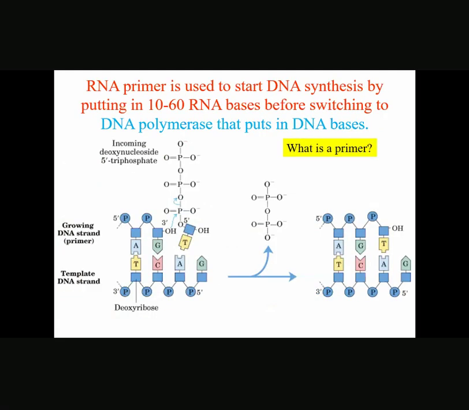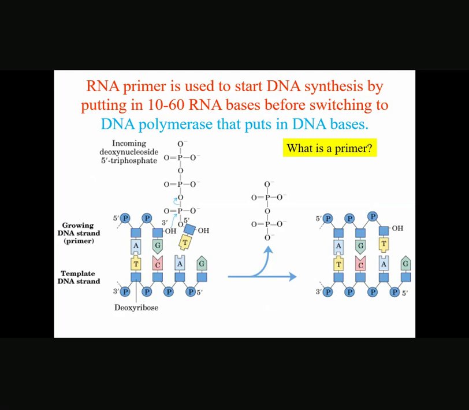So at the beginning of each molecule, we have what's called a primer. Again, why do we need to know this? Because each one of these is a potential target for cancer therapy. So a primer is how we start DNA replication. One of the really oddball things about DNA replication, we can't start from scratch.